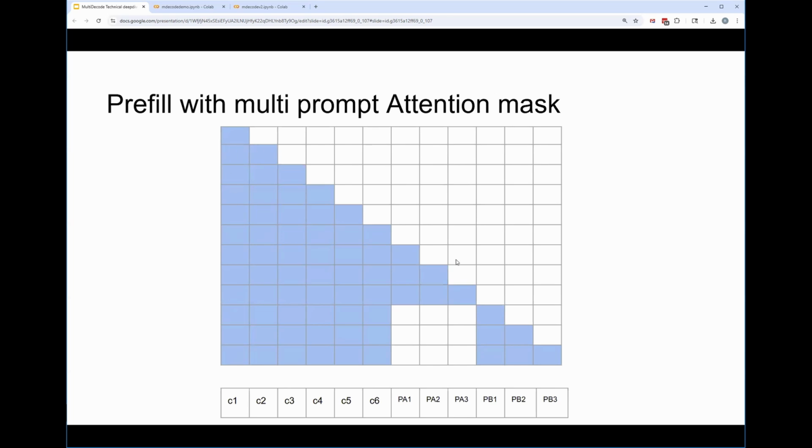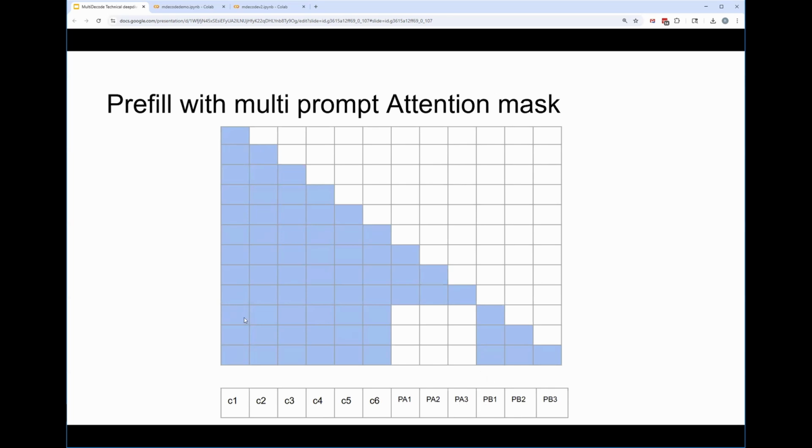That's this lower triangle of this whole thing. The prompt B, though, is a little bit different because prompt B wants to attend to this context, but even though it's located later in the sequence than prompt A, it does not want to attend to prompt A. They're independent questions of the same context.